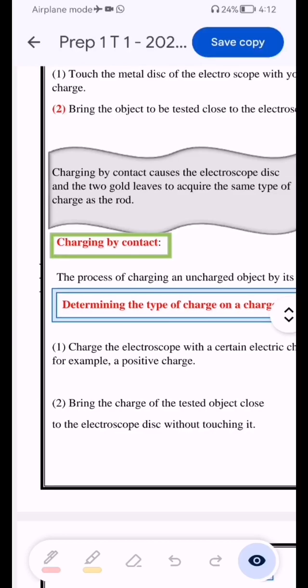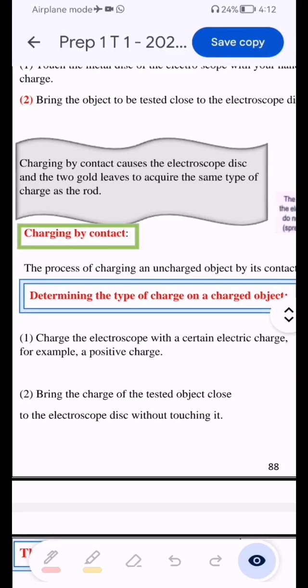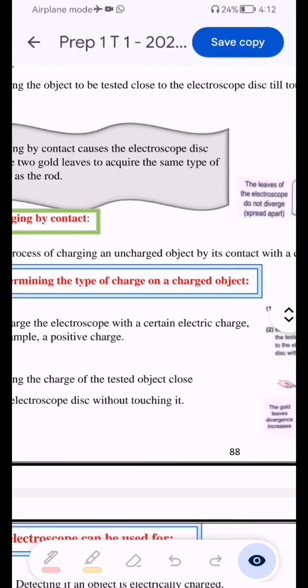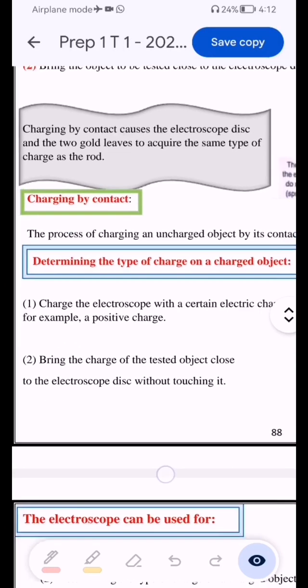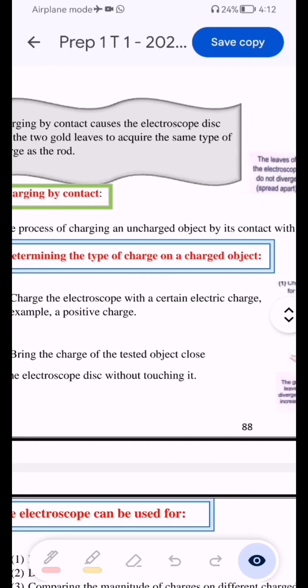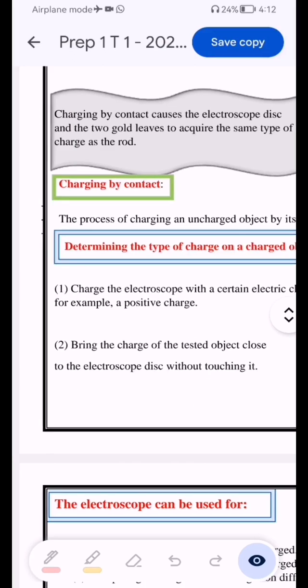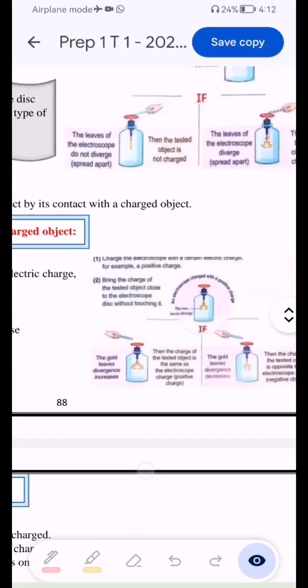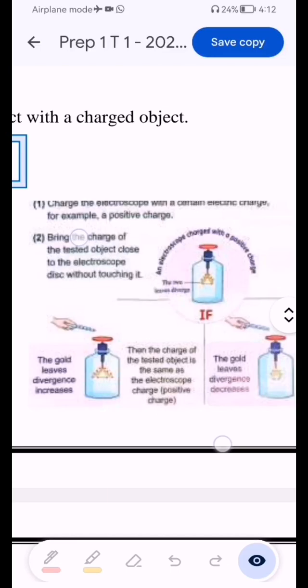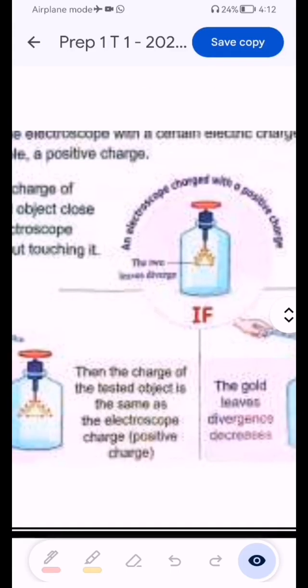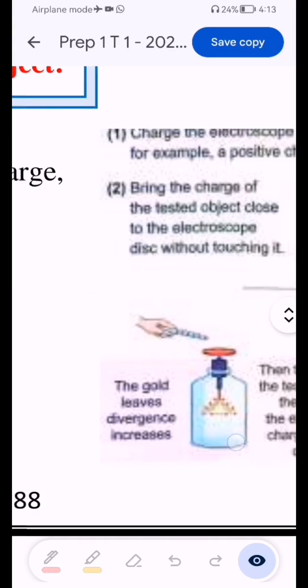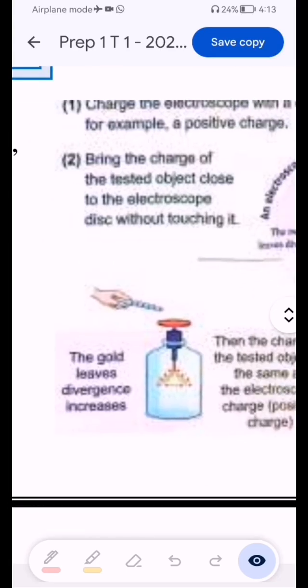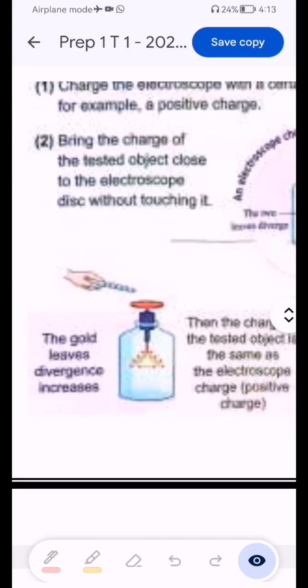And the second use of this device is determining the type of charge on a charged object. Firstly, we will charge the electroscope with a certain electric charge, for example, positive. So look at this. The leaves will diverge because it's charged. Then we bring the tested object and put it on the copper disc.